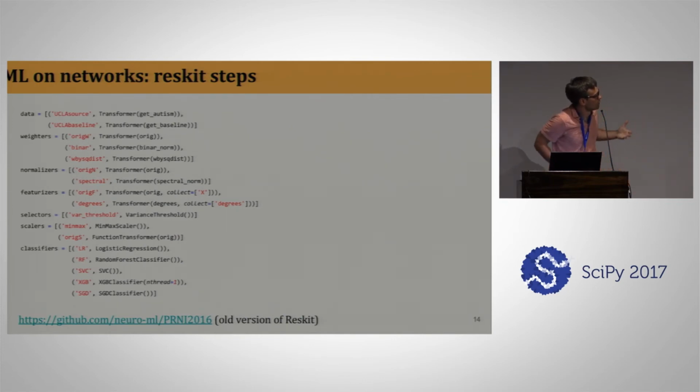That's why we needed to avoid unnecessary calculations. We removed the combination of min-max scaling and decision tree based classifiers. What Reskit did was the Cartesian product of all this stuff, removed forbidden combinations and produced the results.